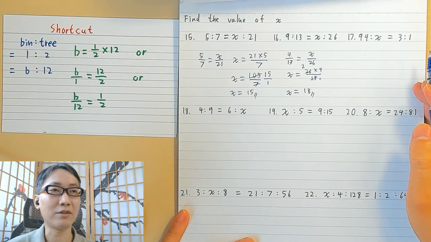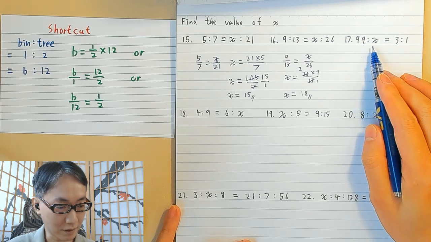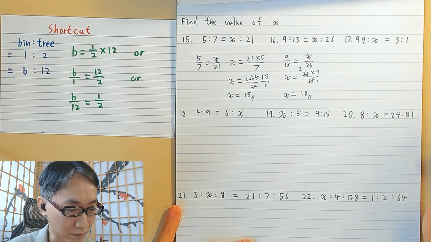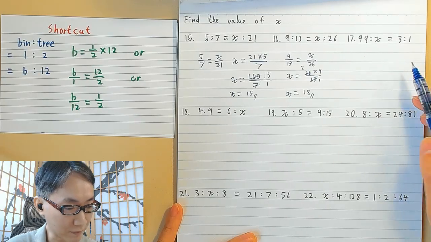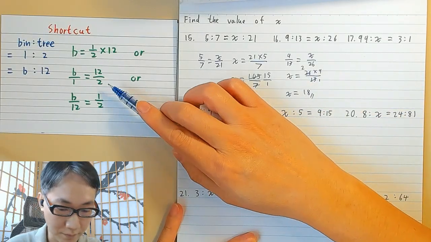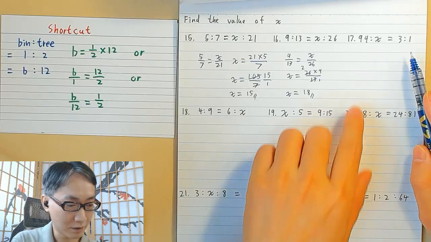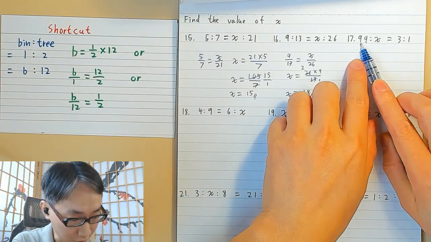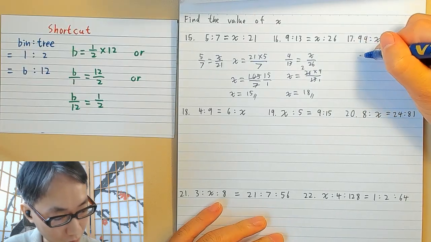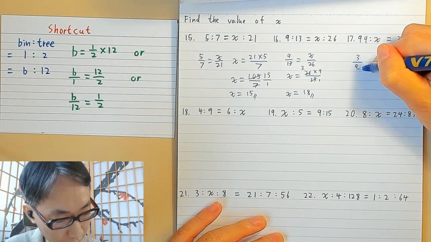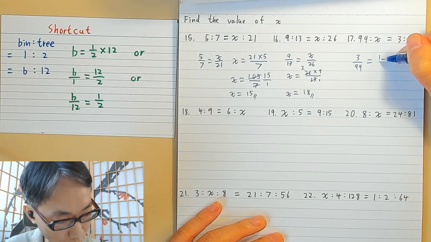So number 17. 99 to 2x is equal to 3 to 1. So this one I'll be using this one. So 3 over 99 will be 1 over x. So 3 over 99 is equal to 1 over x.